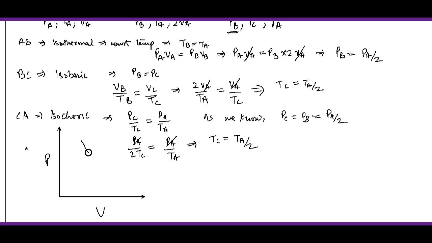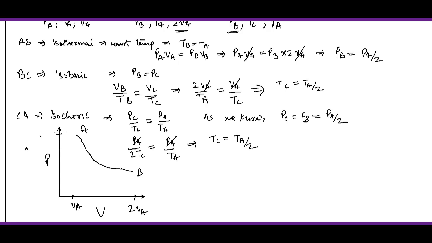An isothermal process is something like a rectangular hyperbola. It will be like this, A to B, because we can see that at B the volume is double. Where is the volume? Vb is twice of Va. So this will be 2 Va and this is Va, right?